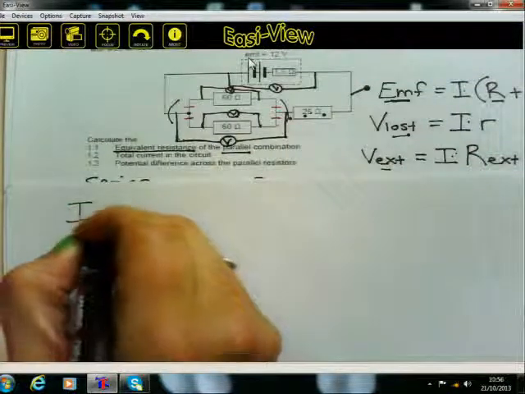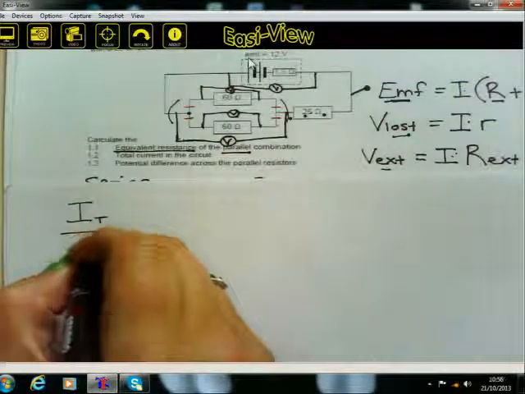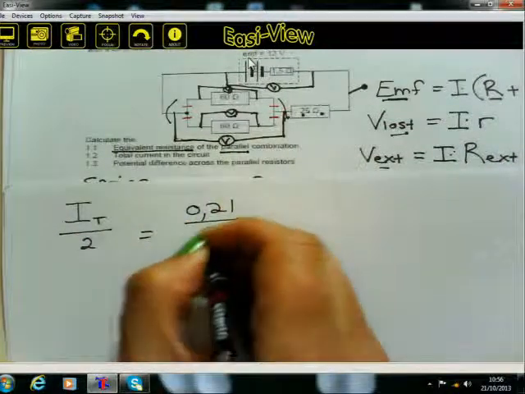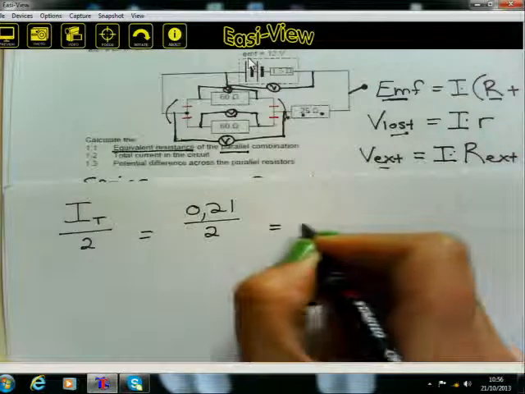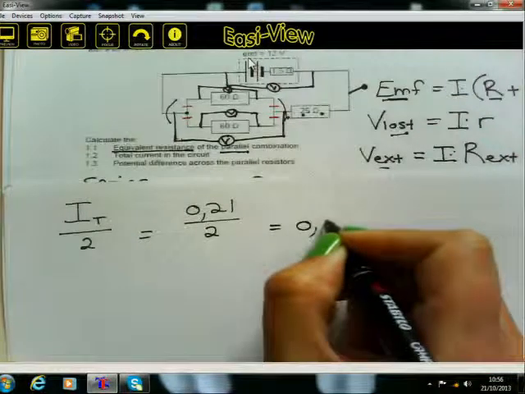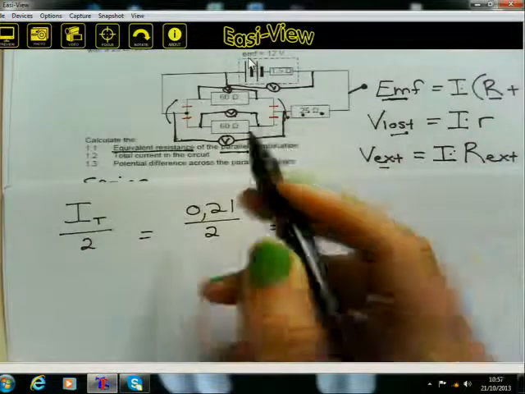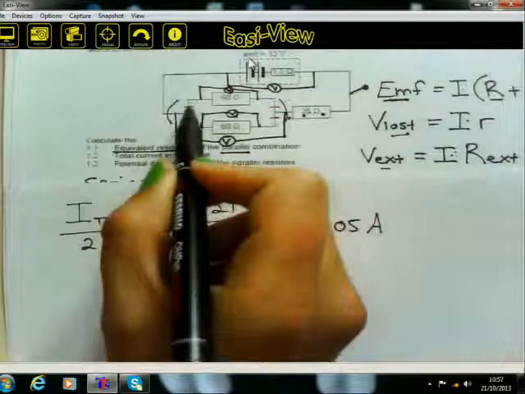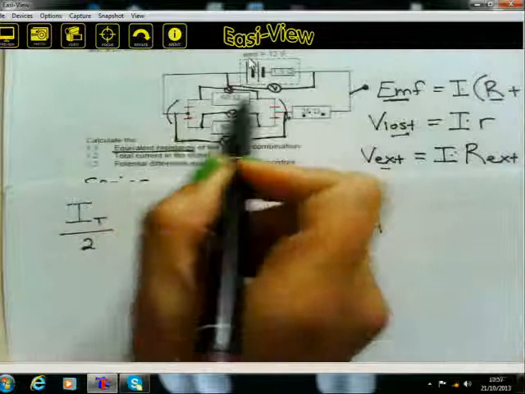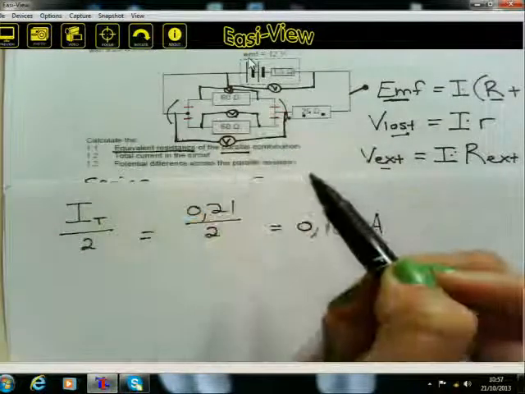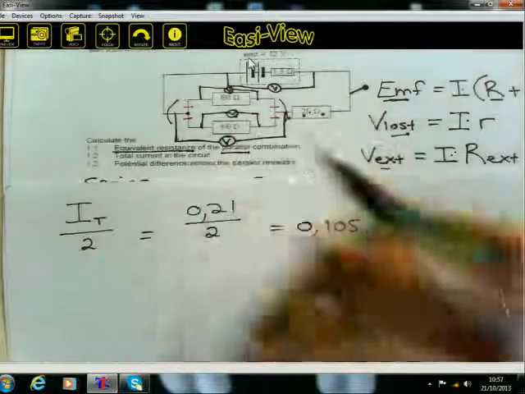Absolutely. So we can take I total divided by 2 equals 0.21 divided by 2, and that gives us 0.105 amps per branch. So 0.105 through that one, and 0.105 through this one. And now you can just use them per branch.